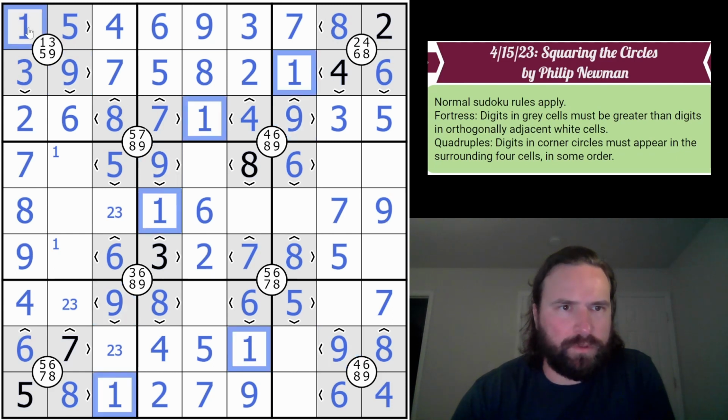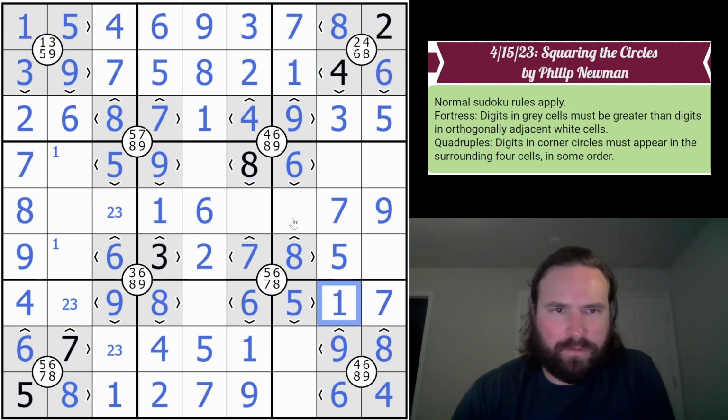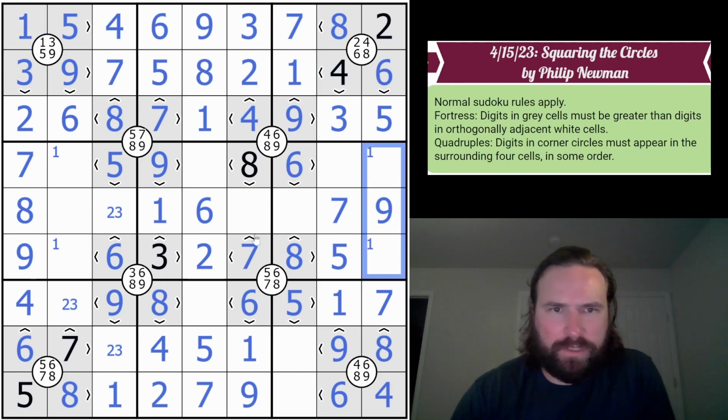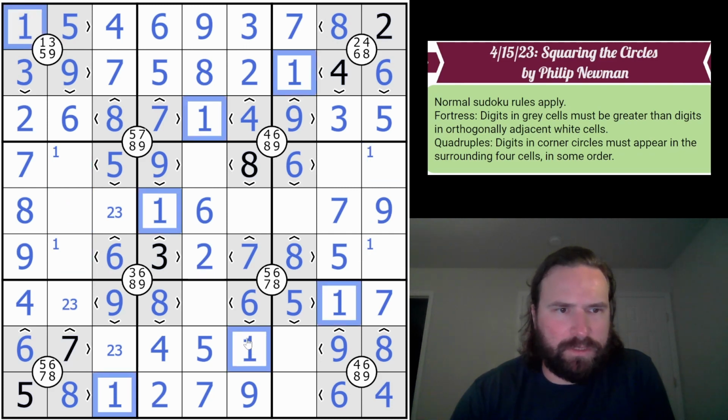So we'll go to 1s. 1 is going to have to go here. Still have a couple 1s to place in this box and in this box, I think. I don't think that's decided at all. I think that's it for 1s.